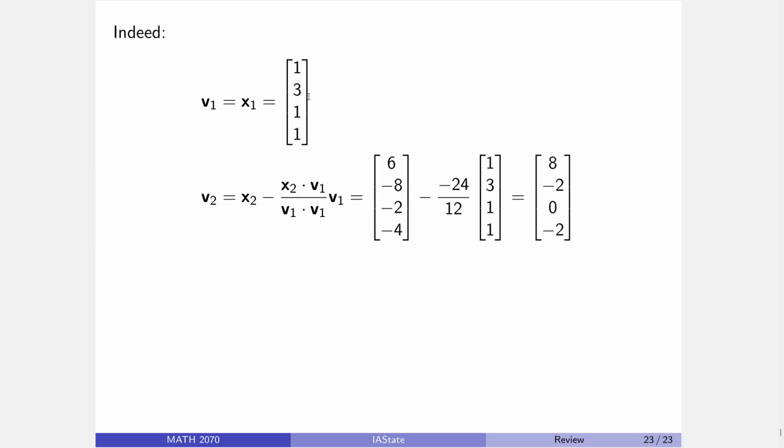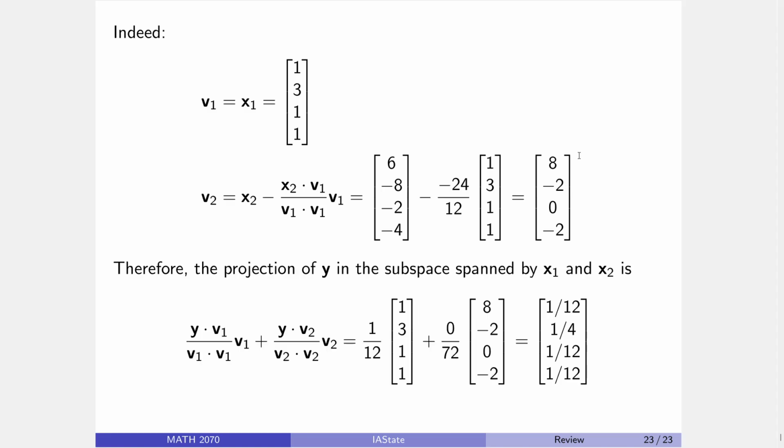And we'll have a minus 6 plus 0 minus 2, which is indeed 0. And now that we have these, the projection of y onto the subspace spanned by those vectors can be computed by computing the appropriate dot products forming the linear combo. And hey, there you go. And again, no promise that the things you get here are visually nice. Right here we've got some unfortunate fractions, but that's just part of the game.